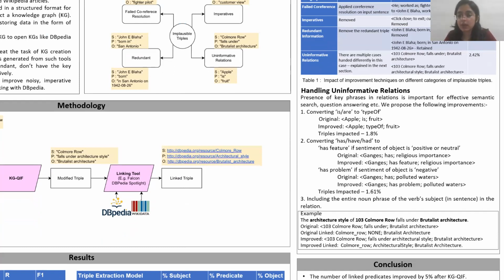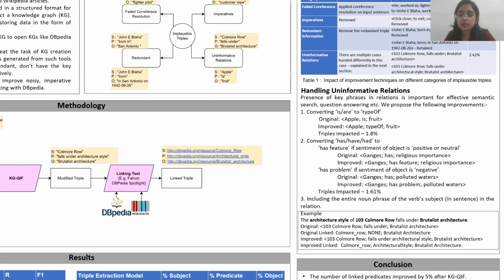In case of has, have, had, we check the sentiment of the object entity. If the sentiment is positive or neutral, we convert it to "has feature". For example, "Ganges has religious importance" is converted to "Ganges has feature religious importance". And in case the sentiment of the object is negative, we convert it into "has problem". So "Ganges has polluted water" is converted to "Ganges has problem polluted water".